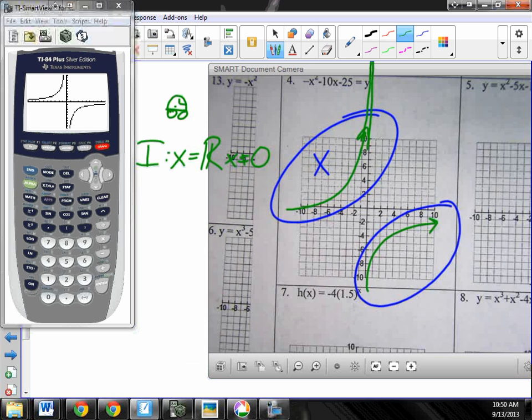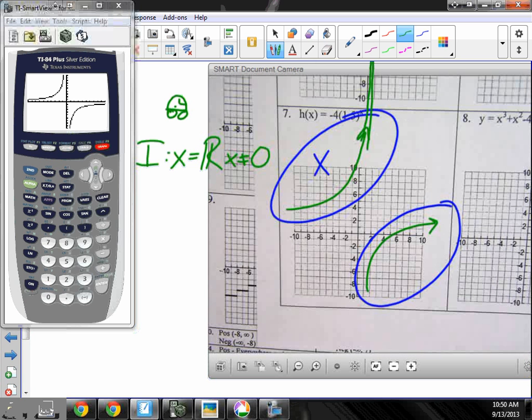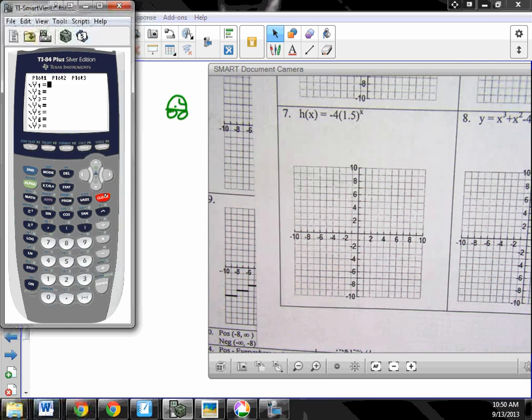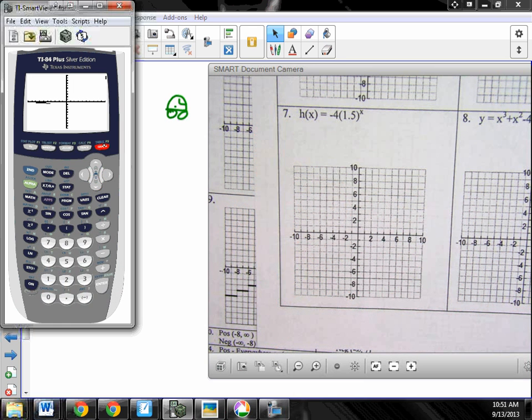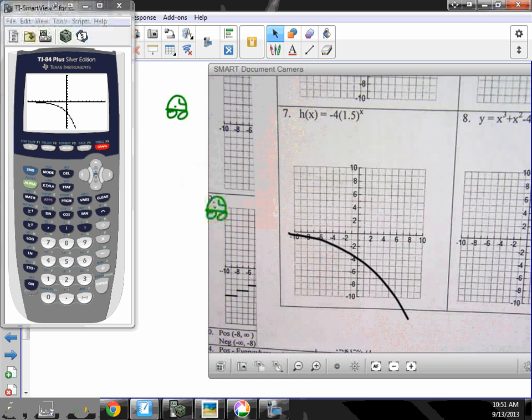Number 7. So if I draw this graph, and I run my car across the graph, it starts over here at negative infinity.